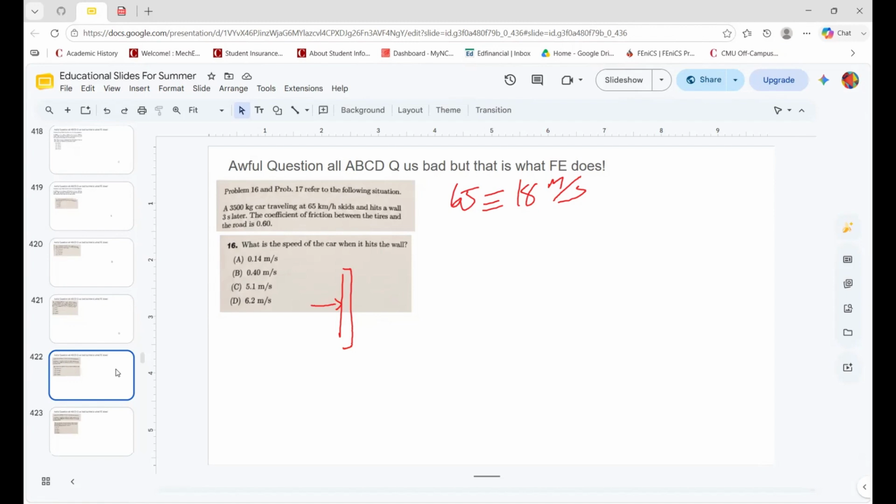I'm assuming that the driving force is a friction force. So what it's trying to say is friction force times delta T equals M delta V. What are we looking for? The speed.